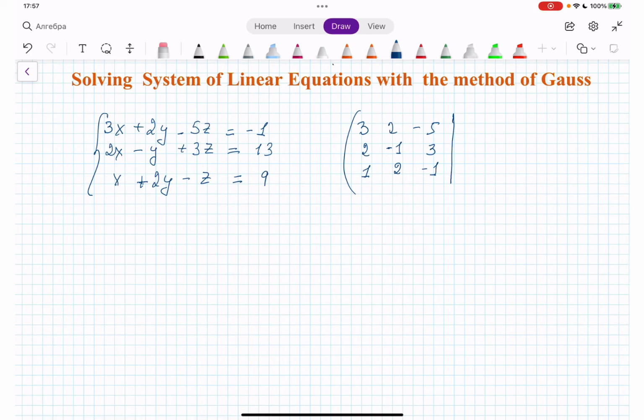We wrote down all coefficients, but the first equation is equal to -1, right? We write down here -1 and separate it with a vertical line, so we know those are results. The second equation is equal to 13. The third equation is equal to 9. So this is the extended system matrix, and this is the one we are going to use.